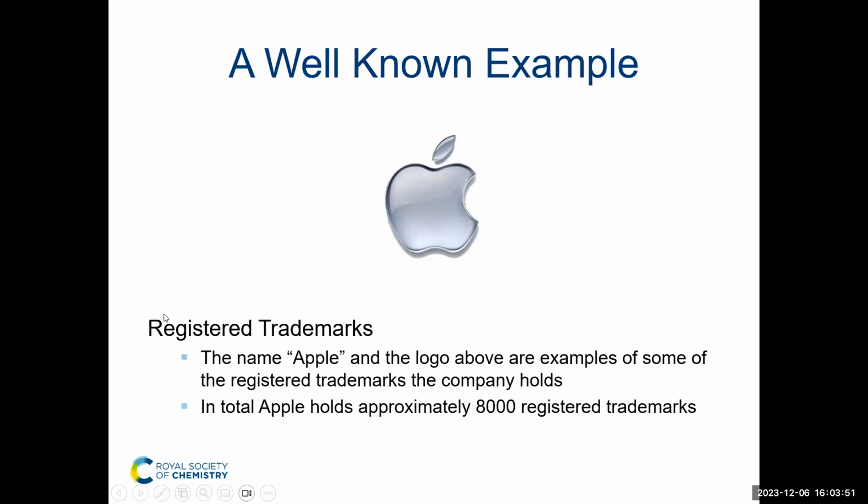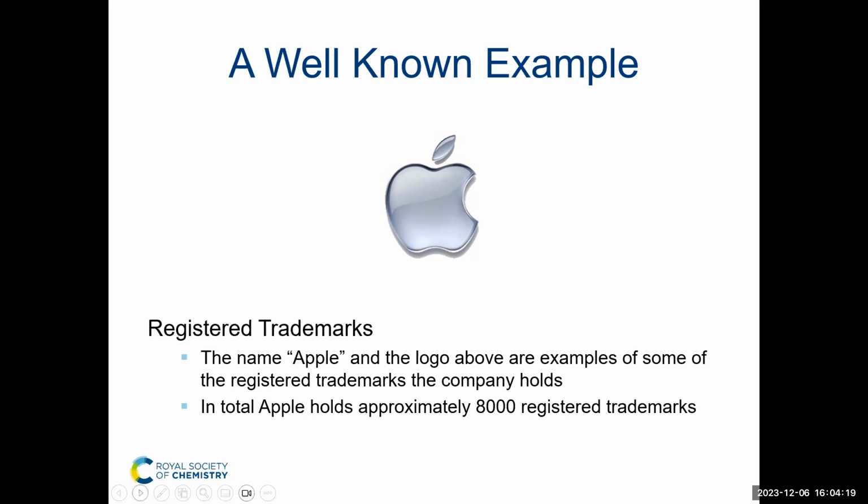So an example of an intellectual property is yung Apple Company, no? So ito yung logo ng Apple Company and it is a registered trademark. So the name Apple and the logo above are examples of some registered trademarks. So in total daw, Apple holds approximately 8,000 registered trademarks.